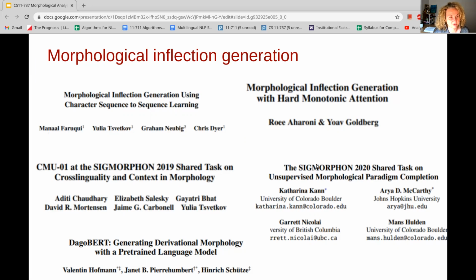So some of the papers focusing on shared tasks focus on, for example, adding a CRF layer on top of the decoder to better model relationships between characters in the outputs. And if you want to know more about the field, you can start with the SIGMORPHON 2020 shared task summary, which provides an overview and the historical development of the task and links to interesting papers.